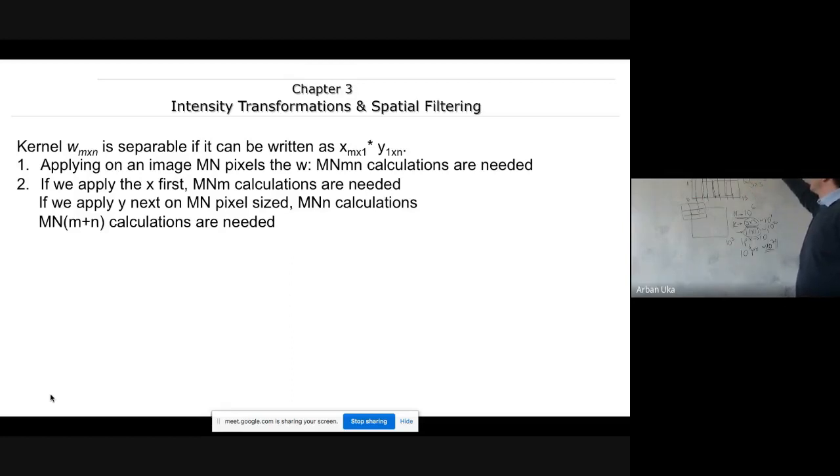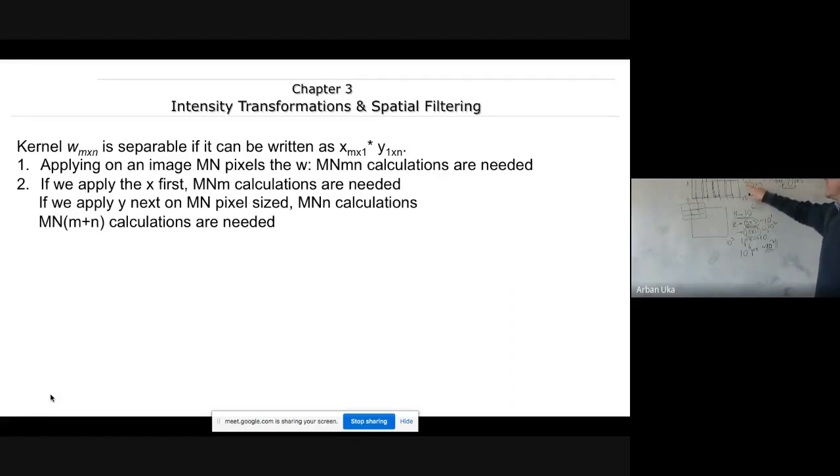So the outer components should be m and n, which means we can have a vector x, which is 3 by 1, times another vector y, which is 1 by 3. Multiplying these two, we get 3 by 3.